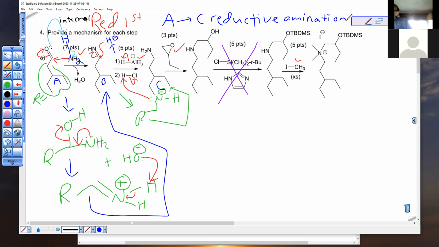And then opening epoxides with a moderate or strong nucleophile. I got rid of one of the H's. Gonna do something like I did before. Attack. Generate an anion. My check mark's in the way.